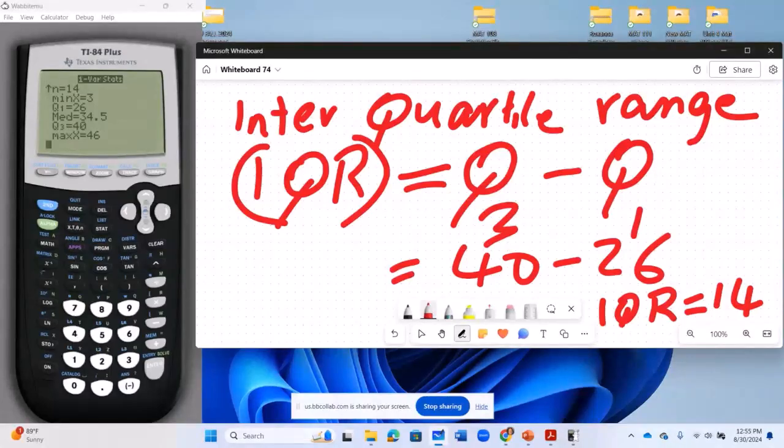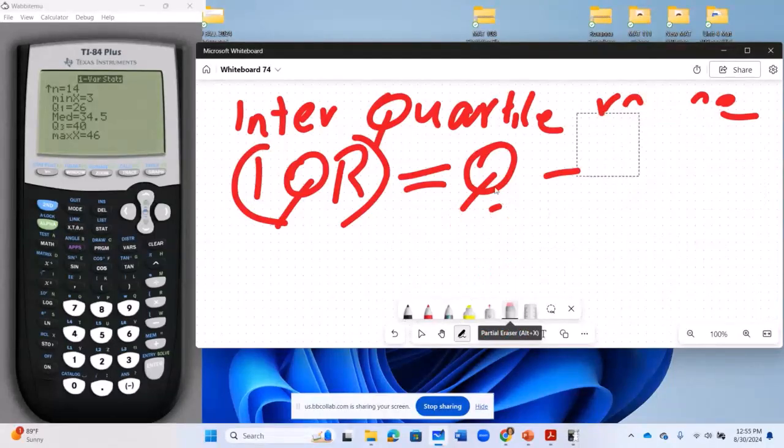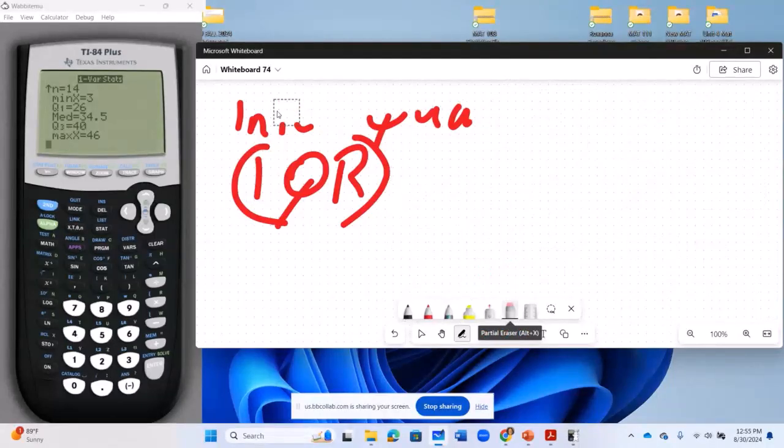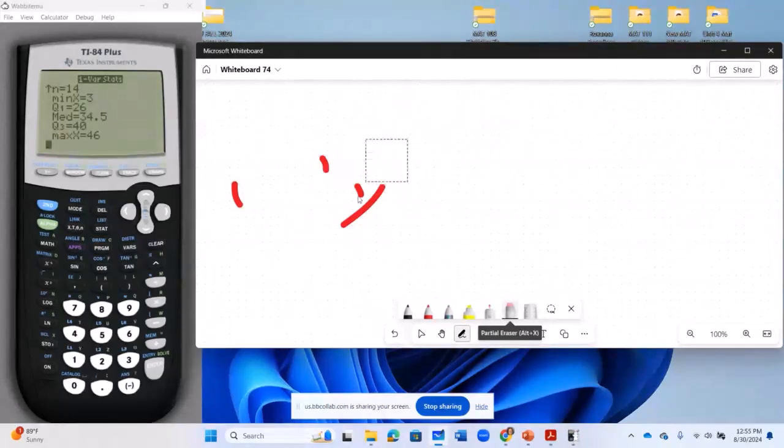Okay, so now suppose I am told to draw a histogram of this data. I can do it by calculator. Let's draw a histogram of the data.